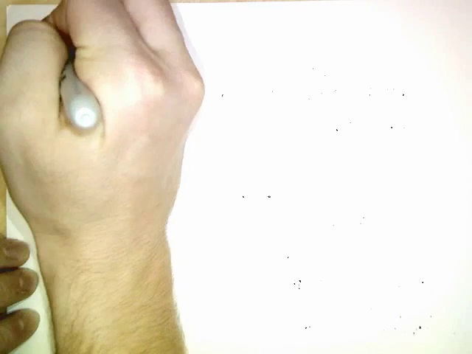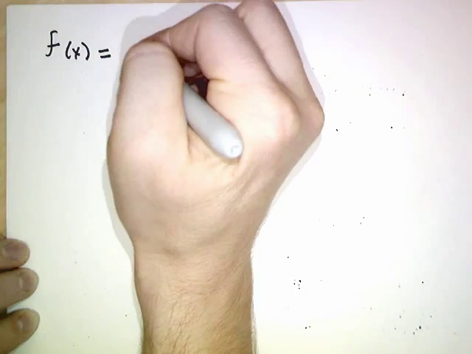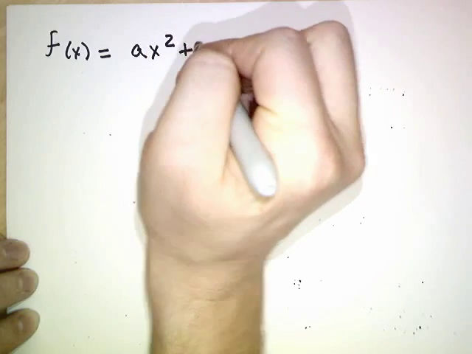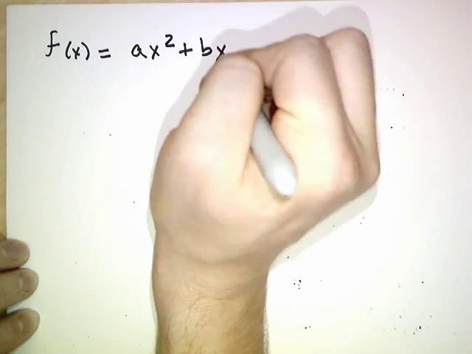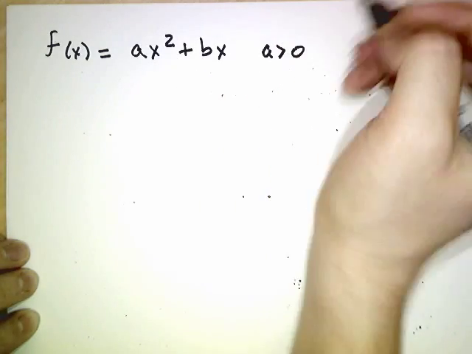Here's another example of a direct proof. So let's let f be the following polynomial. f of x equals a x squared plus bx. And I'm going to assume that a is a real number that's greater than 0.